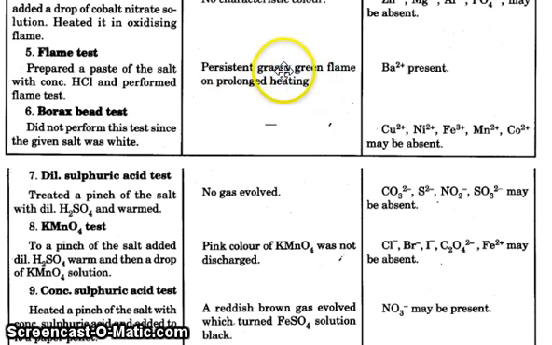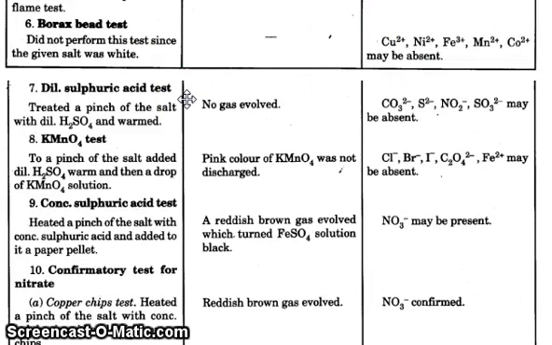If you have this observation, then definitely your inference is presence of Ba2+. Now the next experiment, borax bead test. Did not perform this test since the given salt was white. If it is white, no need to do the borax bead test. So this indicates Cu2+, Ni2+, Fe3+, Mn2+, Co2+ may be absent.